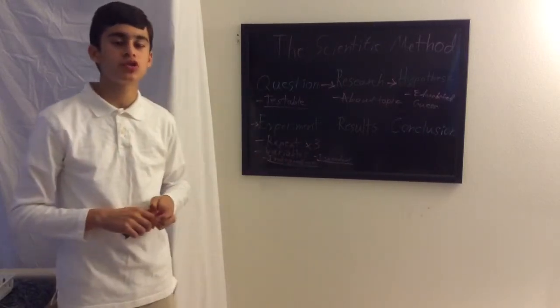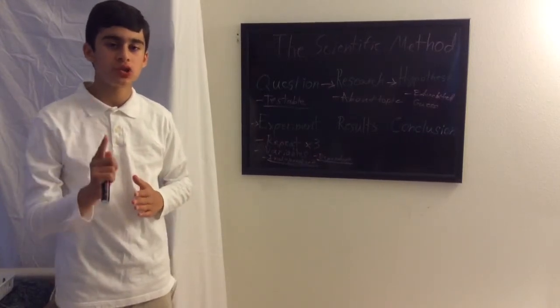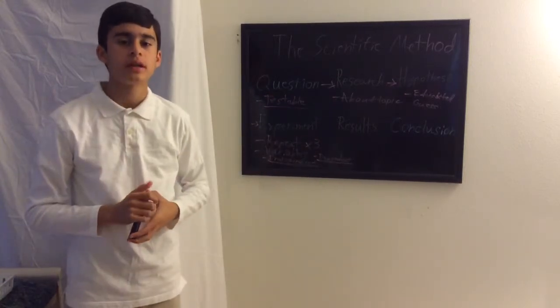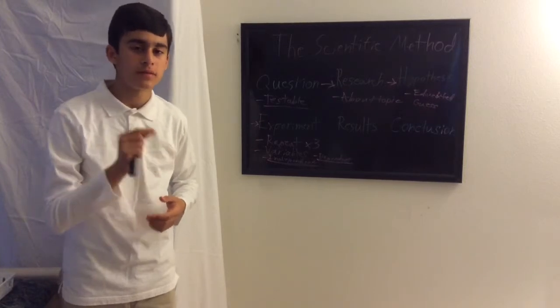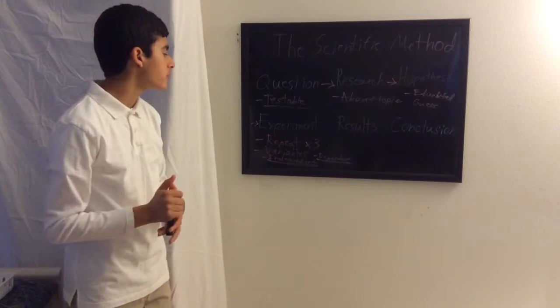So it's important to control them and only change one at a time. So in this experiment, you'd only want to change the type of liquid because you're actually looking to see if there's a difference in the type of liquid.